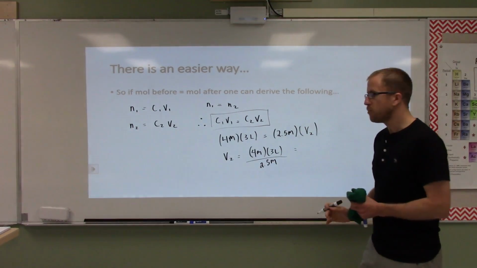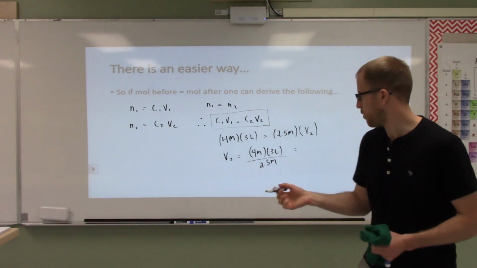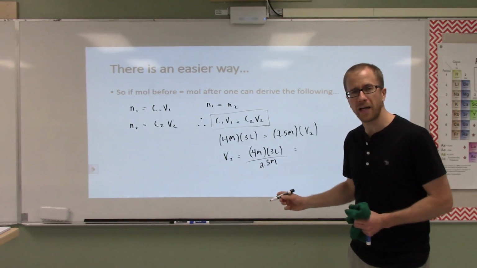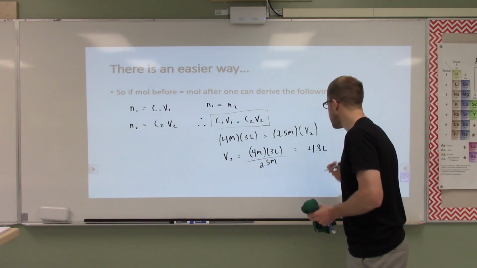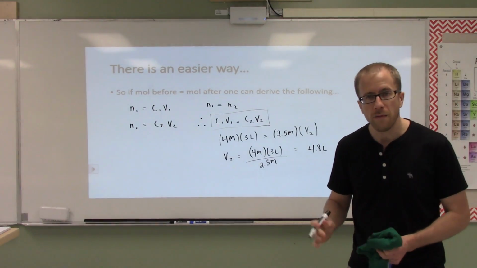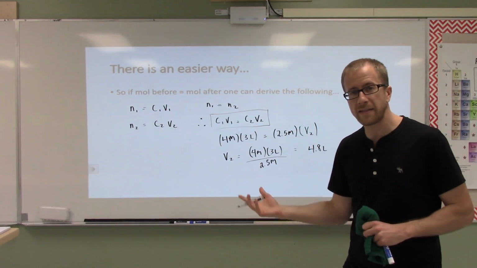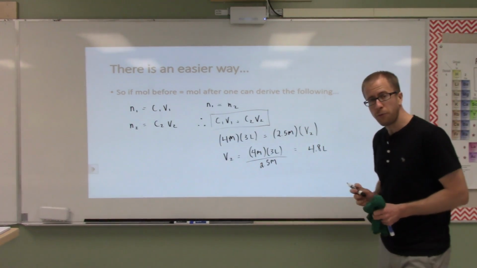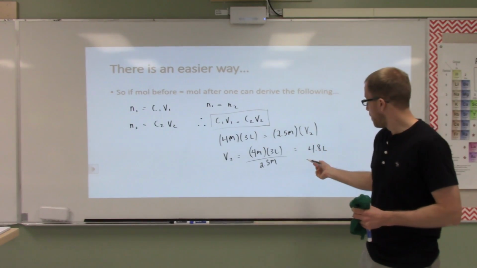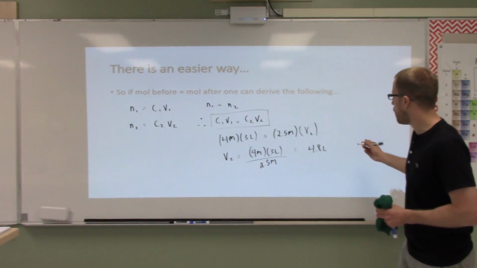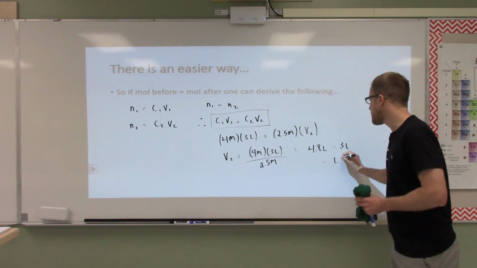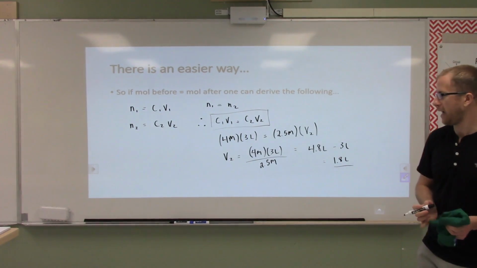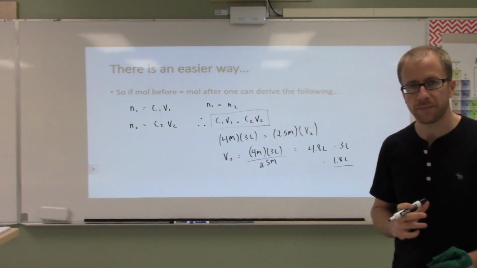And again, we get the exact same answer. 4 times 3 is 12, and 12 divided by 2.5 is 4.8 liters. We have to now subtract that initial 3 liters because this is your final volume of solution, and we see that you get the exact same answer using this equation.